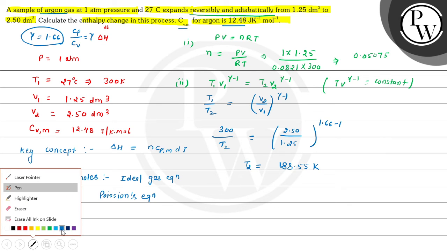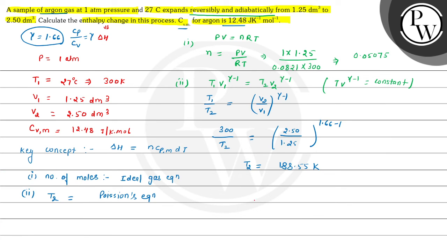Since the molar heat capacity at constant volume is given, we can write CPM equals CVM plus R. The values are 12.48 plus 8.314, which is the value of the universal gas constant.